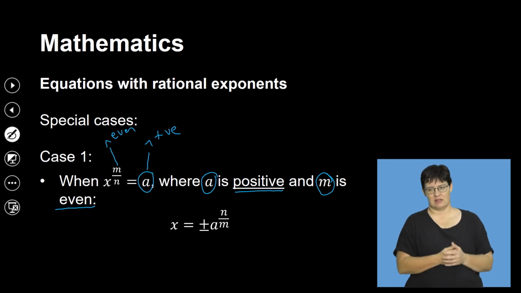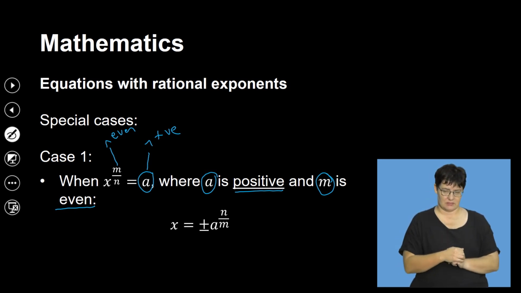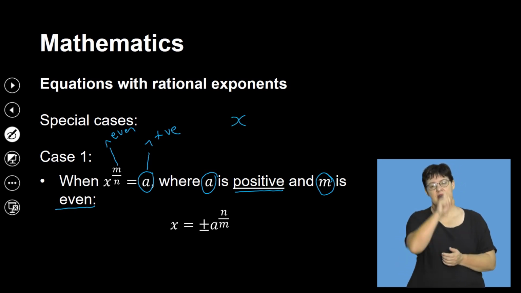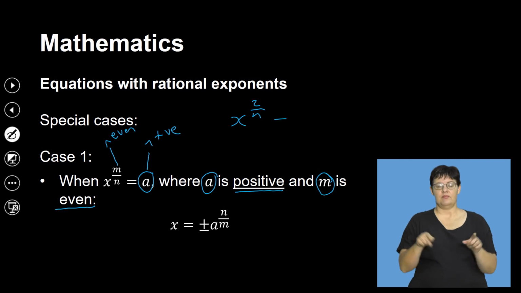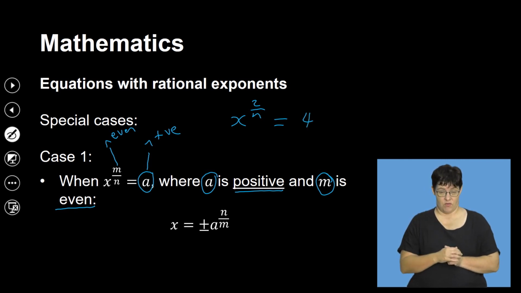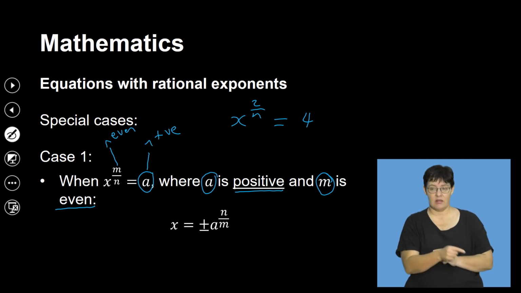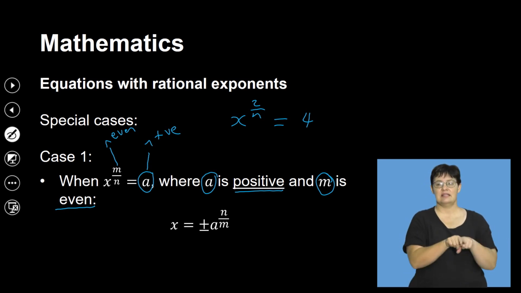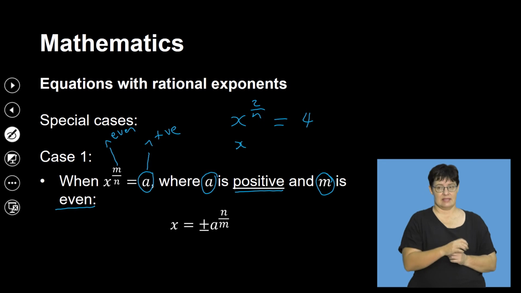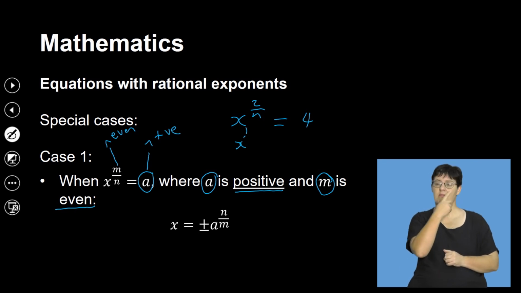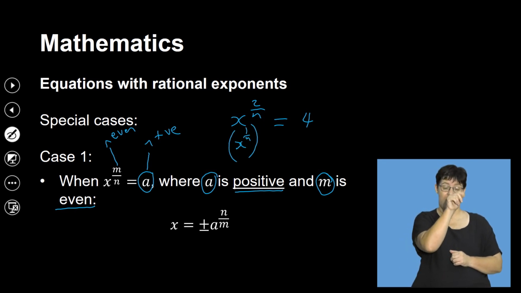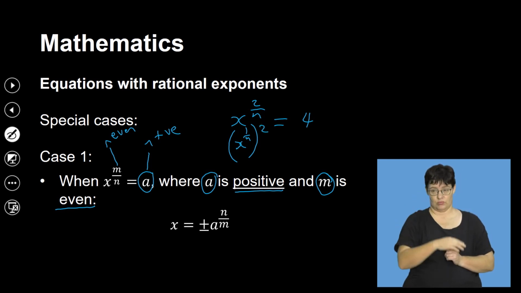So let me just make an example of what I'm talking about here. If I give you x to the exponent of 2 over n, it doesn't matter, is equal to 4, right? If I simplify the left-hand side, it is the same as having x to the exponent of 1 over n raised to the exponent of 2 there, right?